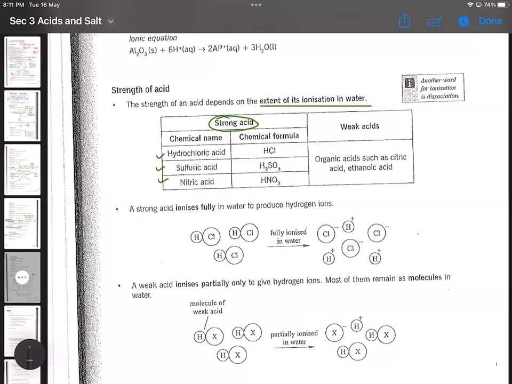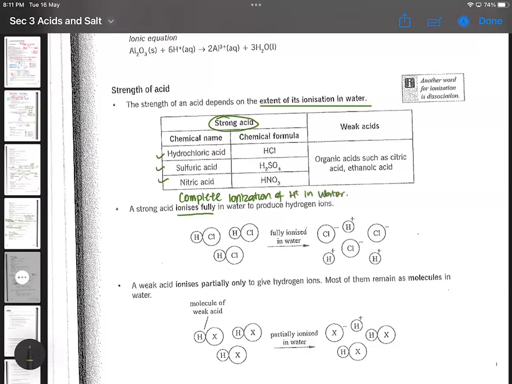All right, so what's the difference between a strong and a weak acid? Strong acid, we say it ionizes fully. Over here it says ionized fully. Sometimes in your school, your teacher will say undergo complete ionization of H plus in water.